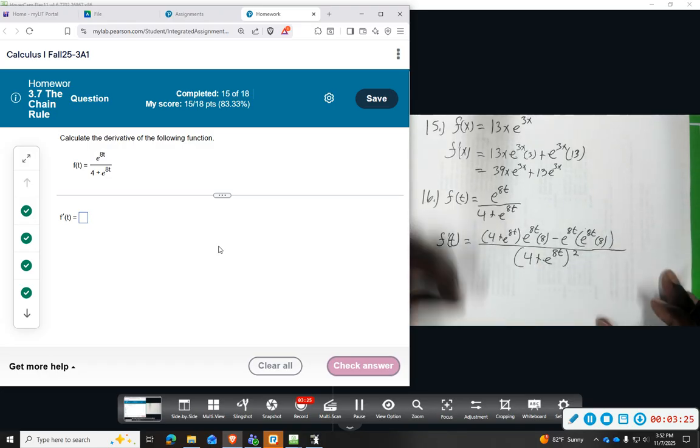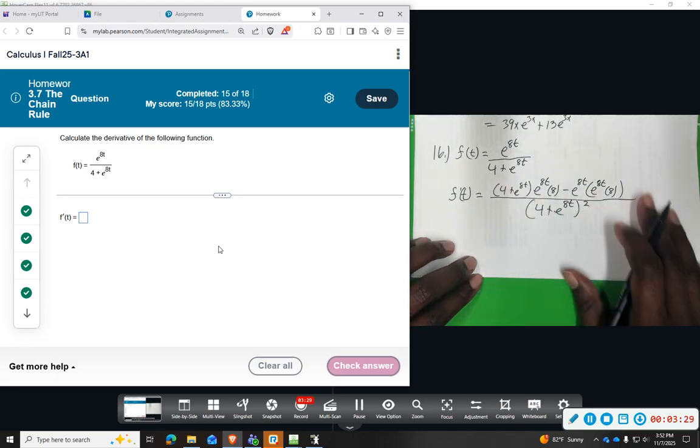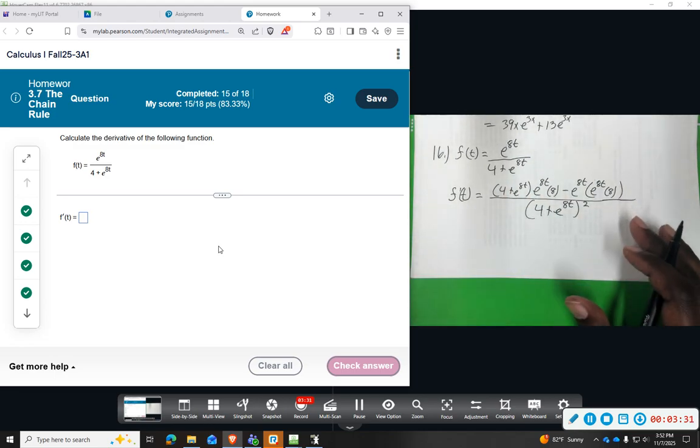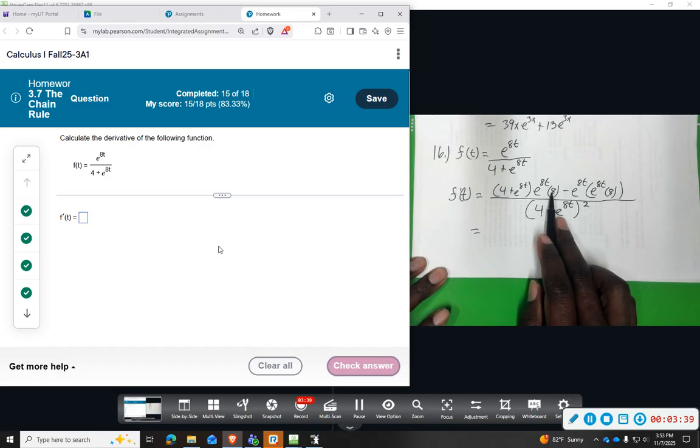Now we can simplify this. Some things will cancel out. However, if you want to leave it like that, you can. I'm going to simplify it a little bit just to show you what would happen if you simplify this. So this is 8 e to the 8t.